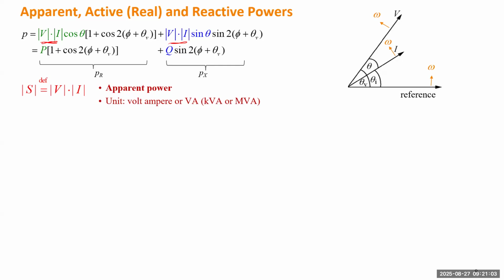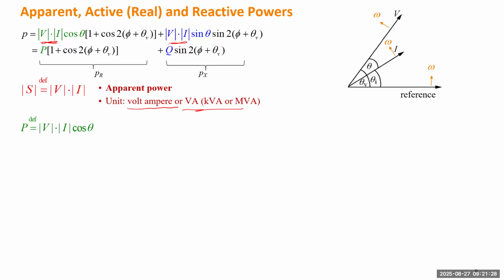So we hesitate to use the watt, the conventional unit for power. We just call the unit volt-ampere, or VA, kVA or MVA, to indicate that it's different from actual power.